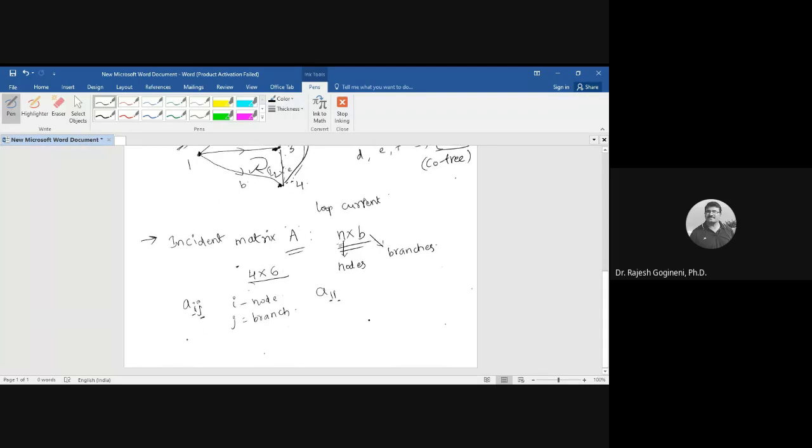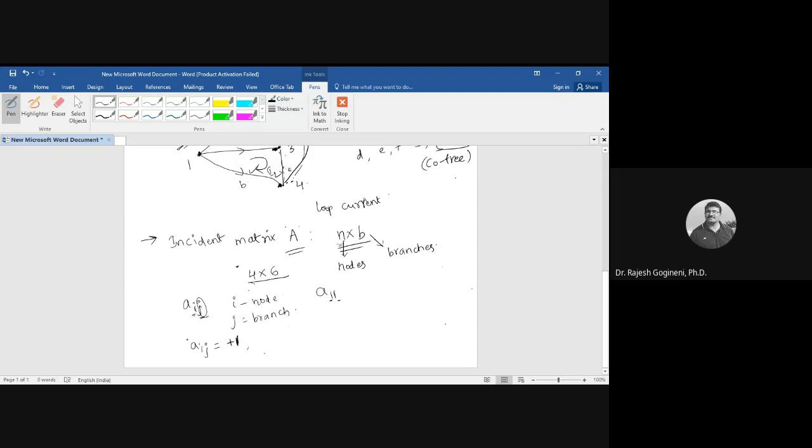There are 3 kinds of entries in an incident matrix. Aij equal to +1 is one entry, meaning the jth branch is on node i, the ith node.